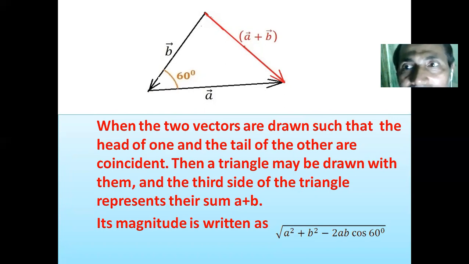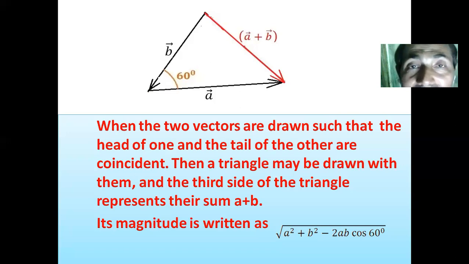This red colored line indicates the total of the two vectors A and B. Vector A plus B is represented by the red color arrow. Moreover, the direction of the resultant vector is diagonally downwards. How do you decide this direction? When you are going to add vector B and vector A, you have to go in the forward direction.